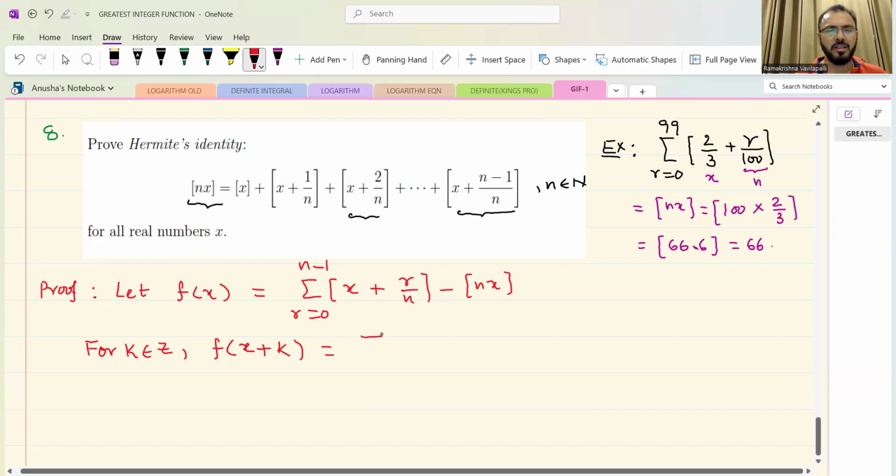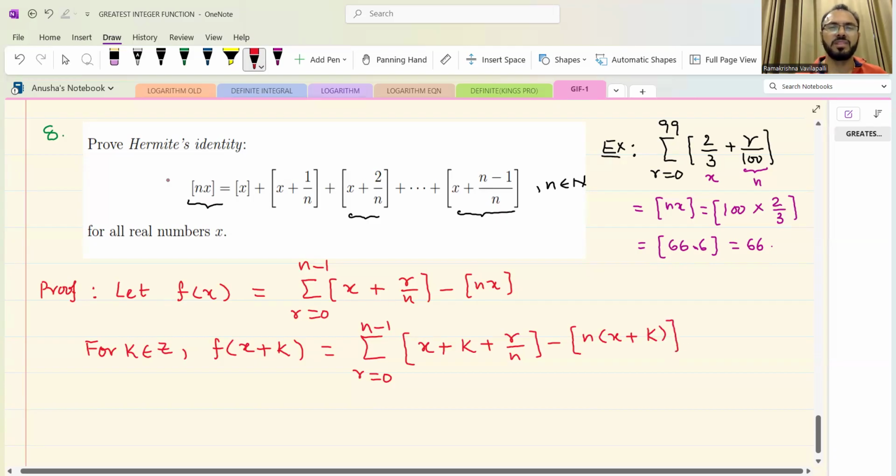I'll write here sigma r equal to 0 to n minus 1 of the integral part of x plus k plus r by n, minus the integral part of n into x plus k.